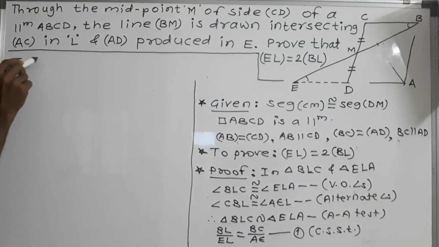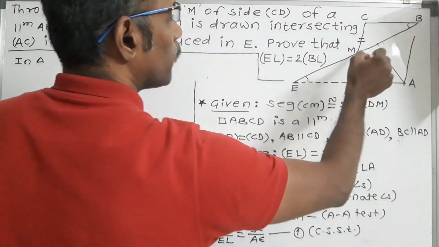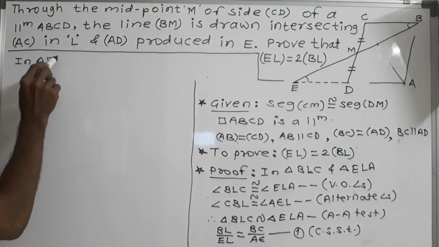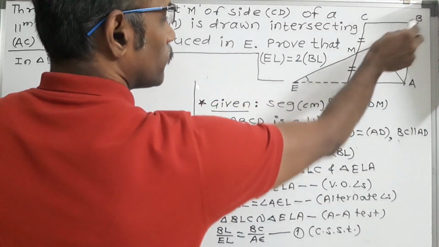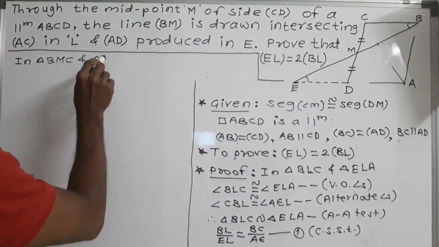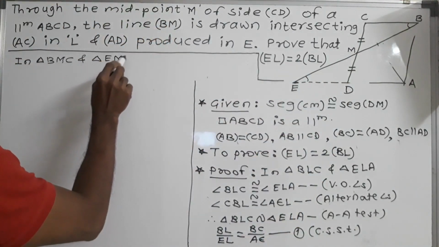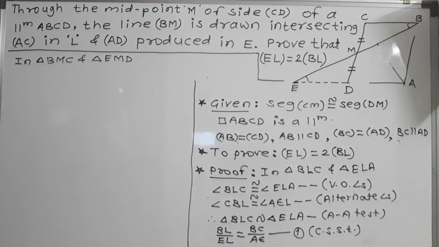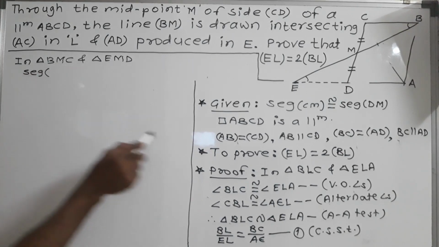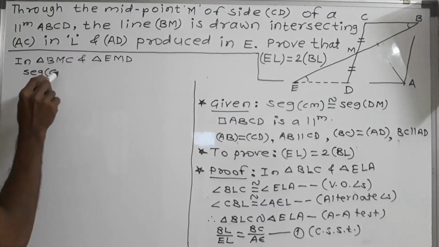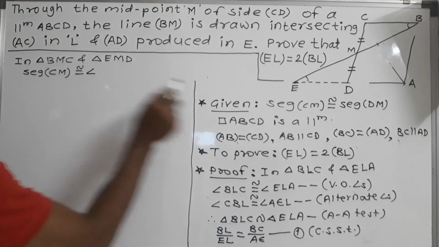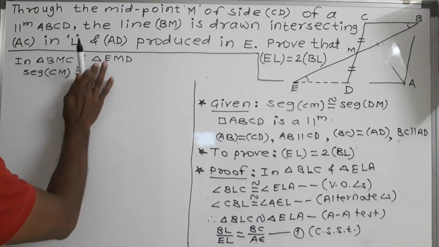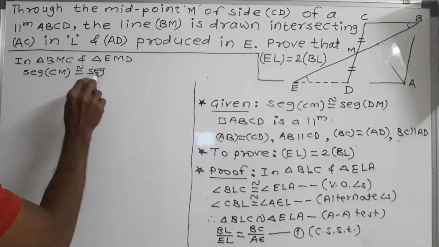In triangle BMC and triangle EMD, first I will write segment CM congruent to segment DM.